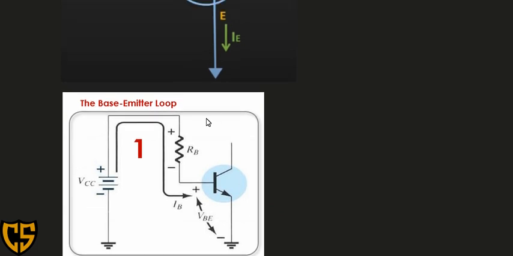So we are going to use VCC. We have VCC minus IB RB minus VBE is equal to 0.